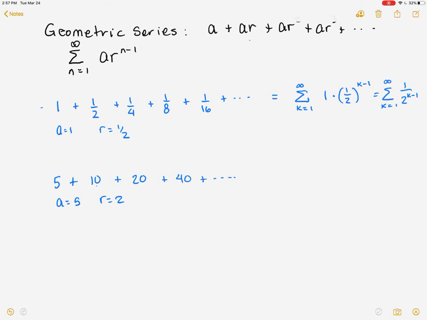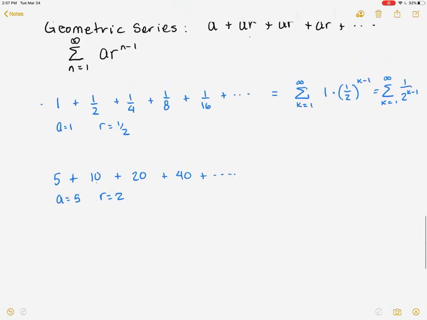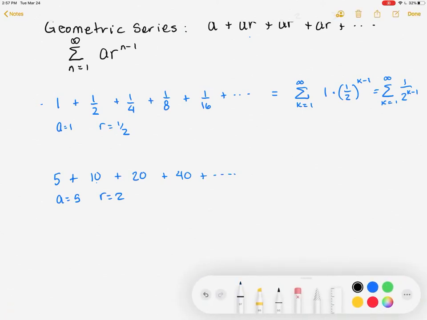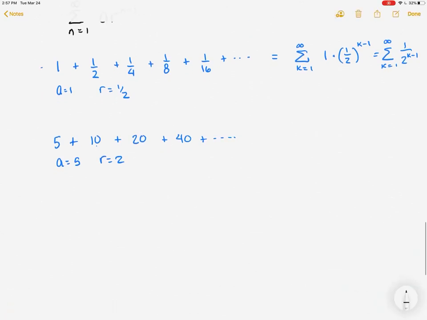To determine whether or not a geometric series converges and how it converges, I'm going to show you some hocus pocus here. Let's start with our geometric series, a plus ar plus ar squared plus ar cubed plus ar to the 4th, and so on. Goes on and on and on forever.